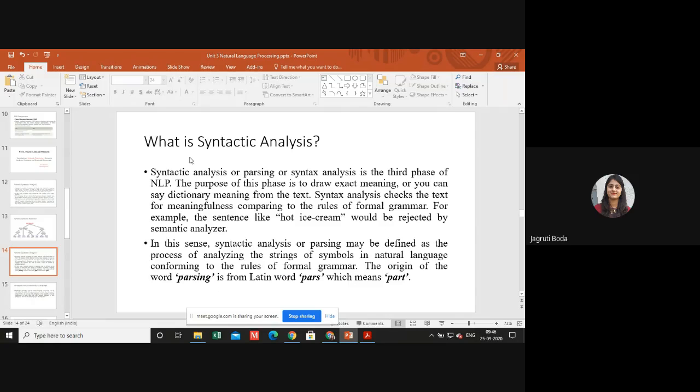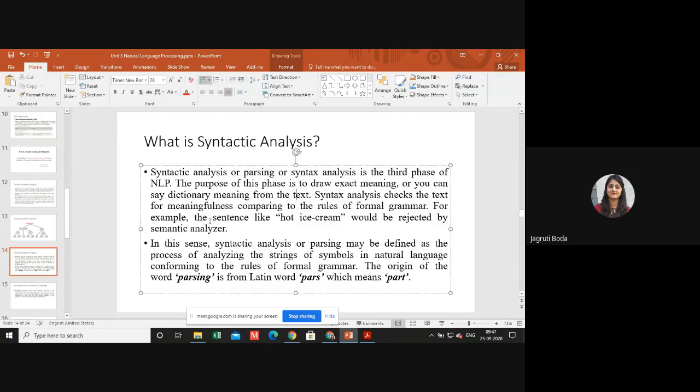What is syntactic analysis? Syntactic analysis, or parsing, or syntax analysis, is the third phase of your NLP. The purpose of this phase is to draw the exact meaning, or you can say the dictionary meaning, from the text. Syntax analysis checks the text for meaningfulness by comparing it to the rules of formal grammar.